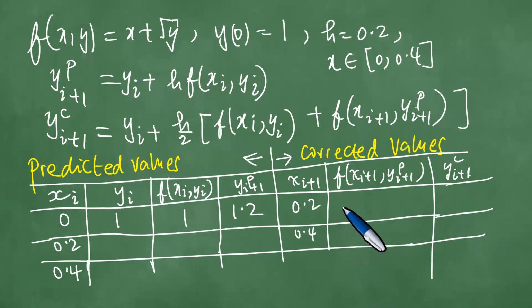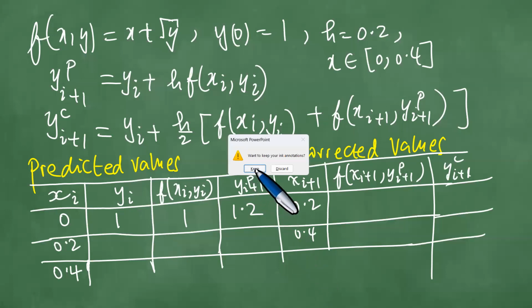So what is this? You need to take this x, according to this formula. If you're finding the f function, you just take x plus the square root of y. So you're going to take x, which is this one, plus the square root of this. What's the answer? Let's just check this one. You can use the calculator here on the screen.